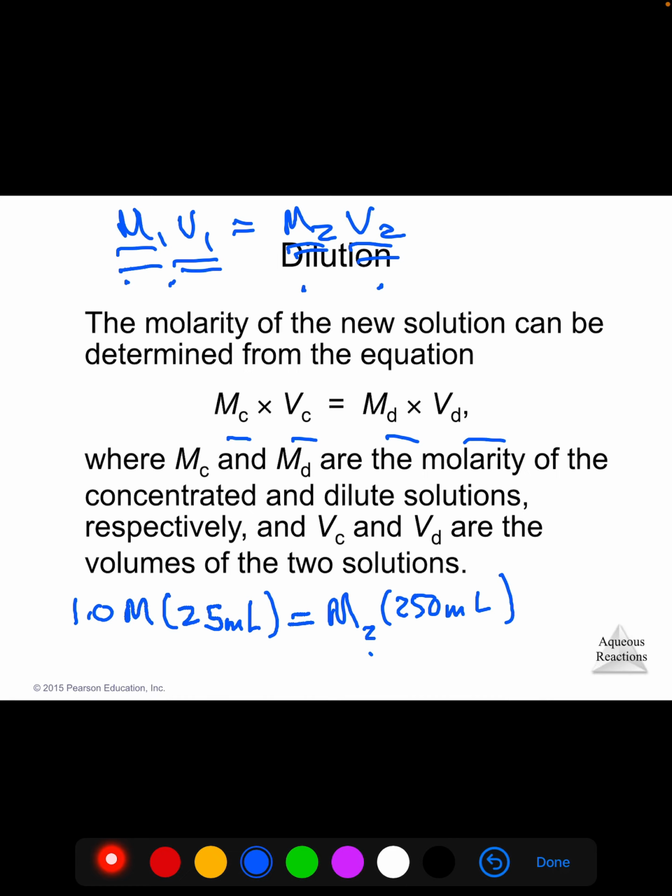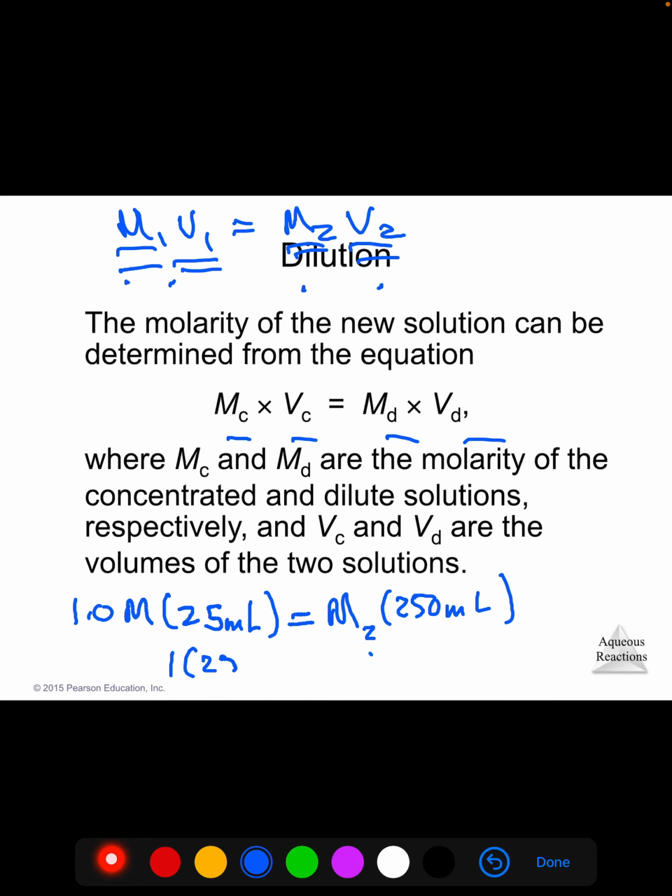You can go in either direction, and you can use liters or milliliters as long as your units are the same.